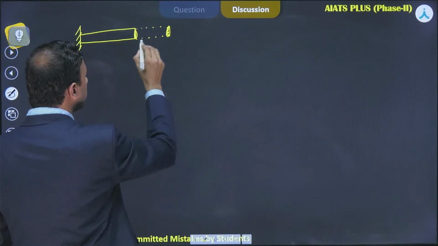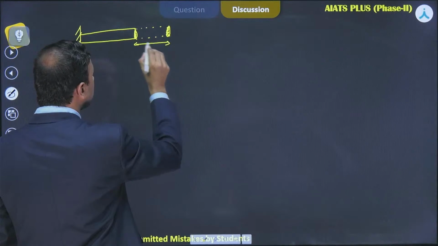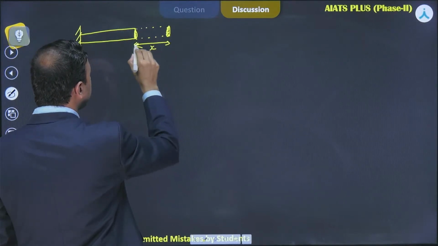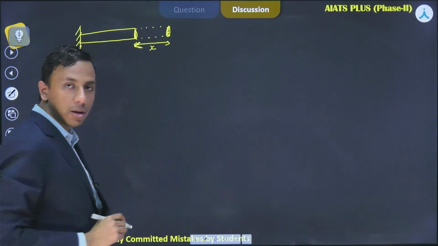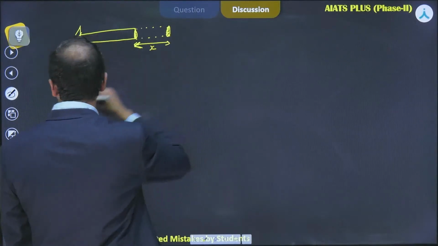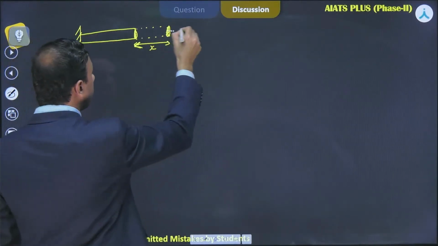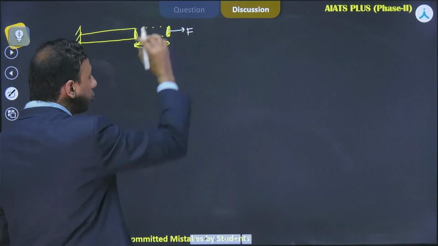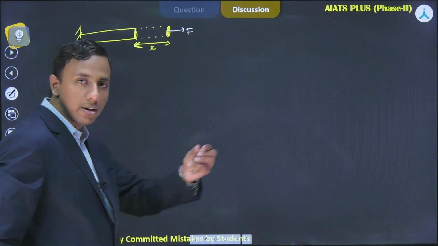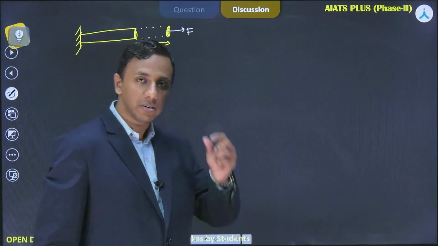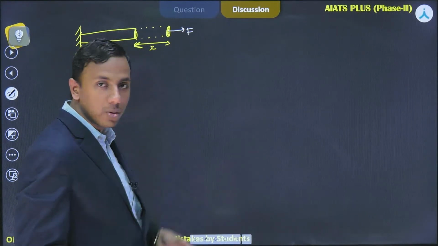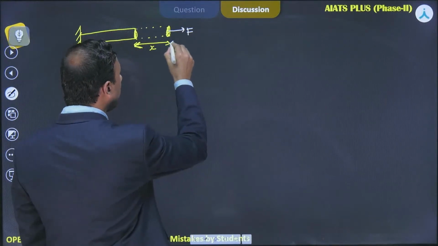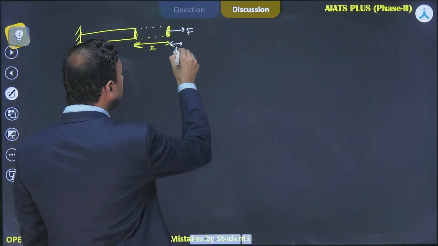Let's say by distance x. Okay, by distance x, and obviously we are applying that force F as well, right? The force F is still active. Now, due to this force F, this rod will, let's say, undergo another additional elongation equal to delta x. Okay, so additional dx, let me call it.